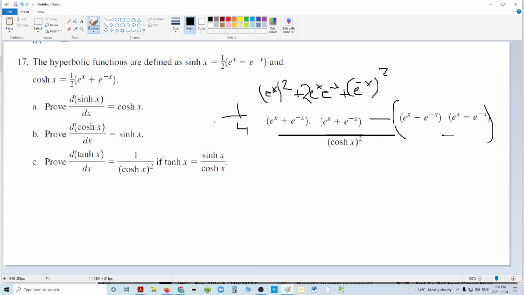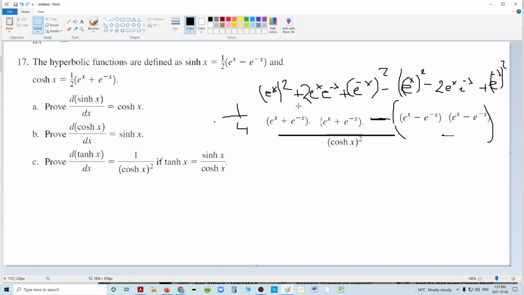Well, keep in mind this minus is going to apply to everything in this bracket, but I get very similar things here. I get e to the x squared minus 2 e to the x e to the minus x plus e to the minus x squared.